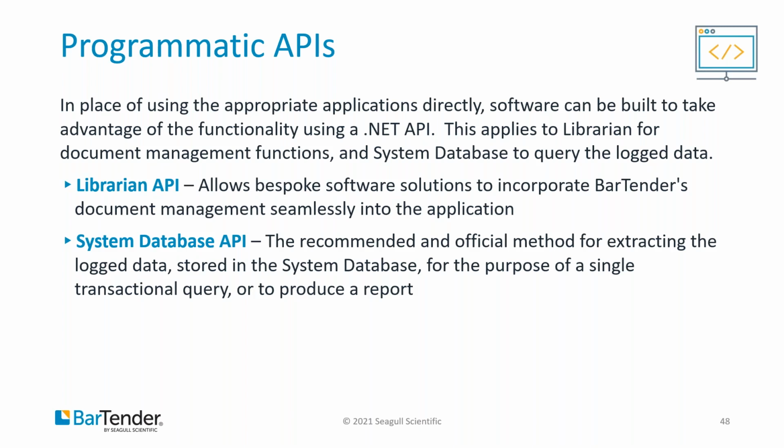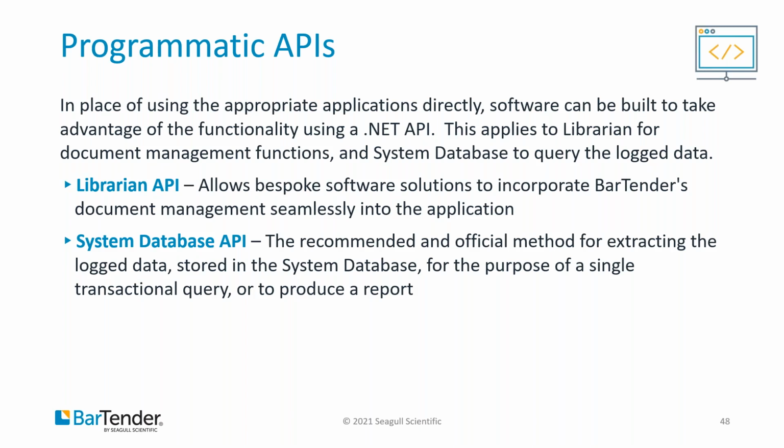However, the structure of the system database is relatively complex and highly relational, making that process somewhat difficult if you were to take that approach. And also, between versions of BarTender, we cannot guarantee that we won't change the schema or the structure of the database.